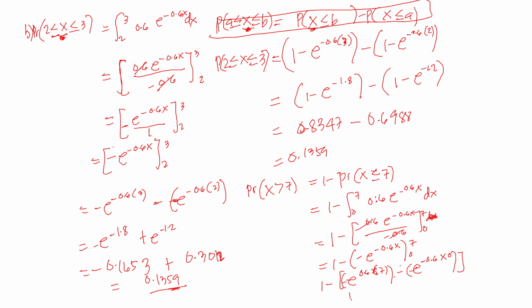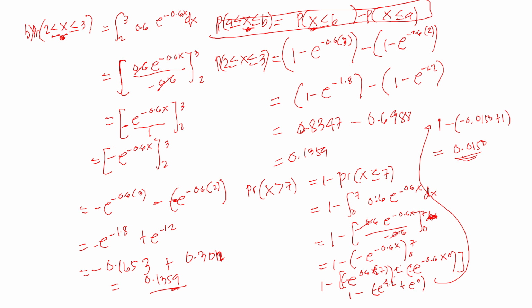Simplify: 1 minus, this will become negative e raised to negative 4.2 plus e raised to 0. Just change the sign here, it will become e raised to 0. So simplify further: 1 minus negative e raised to negative 4.2, that is negative 0.0150, plus 1. So simplify, we have 0.0150.